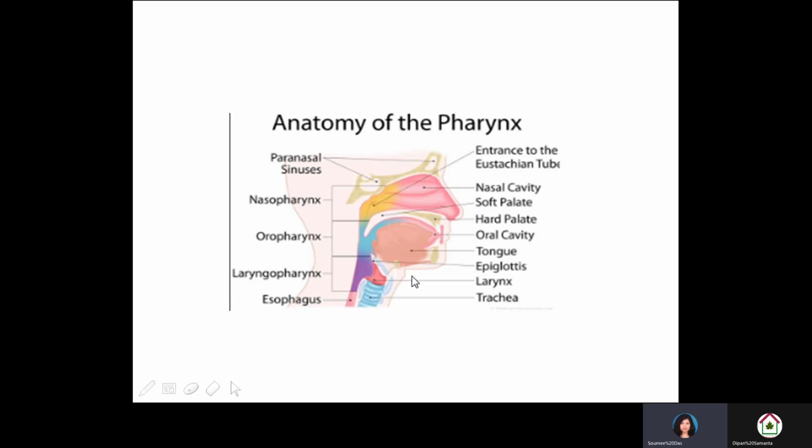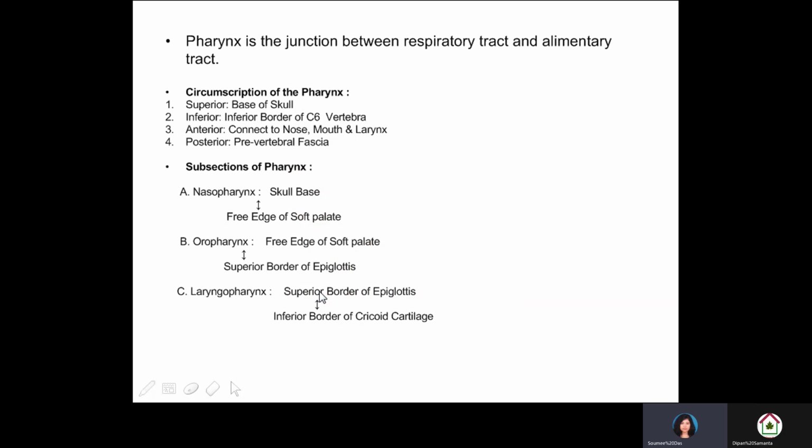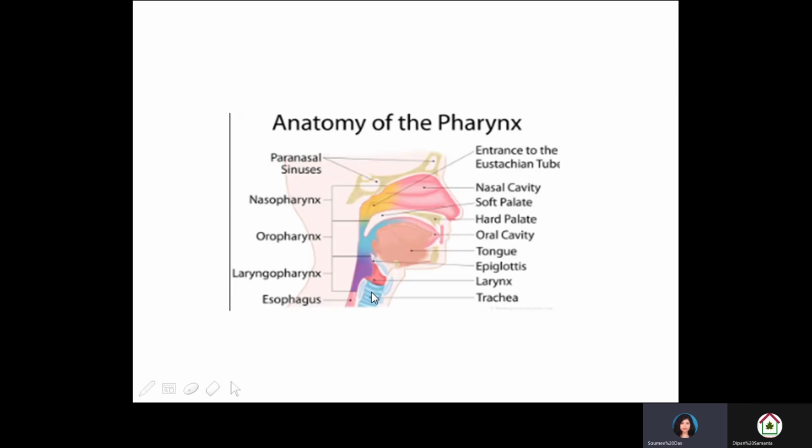See, this is the oral area, or area near the mouth, and next one is the laryngopharynx. This is also called hypopharynx. So from superior border of epiglottis, this blue portion, to inferior border of cricoid cartilage.